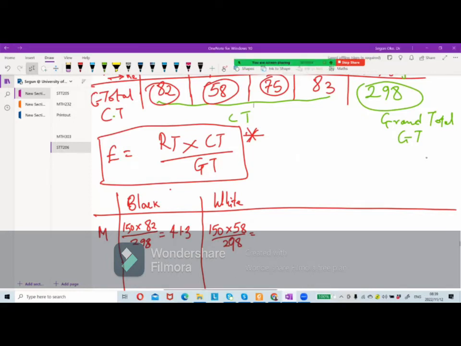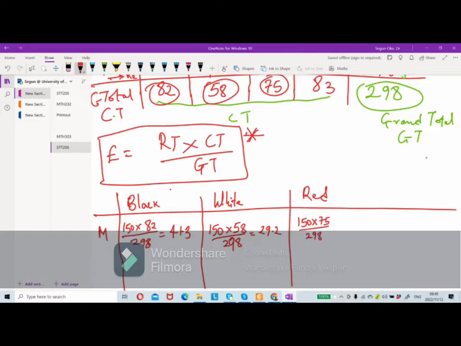Okay, let's continue. What's the answer for this? Punch your calculator. 29.2. Okay. Now let's solve for the red: 150 multiplied by 75, divided by 298.